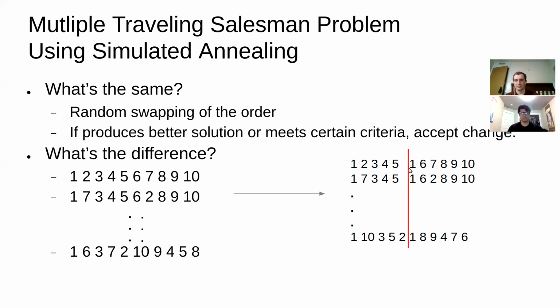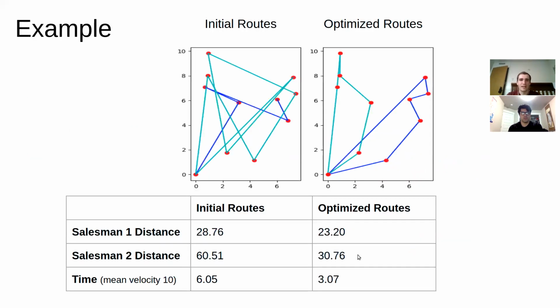Then instead of taking two random indices throughout the entire list, you take a random index from the left and a random index from the right, and you swap the nodes at those indexes. That way it's kind of like two salesmen bickering over which houses they're going to hit, so that they just go back and forth. And at the end, you end up with a result that's the best for everyone. And so this is what that looks like.